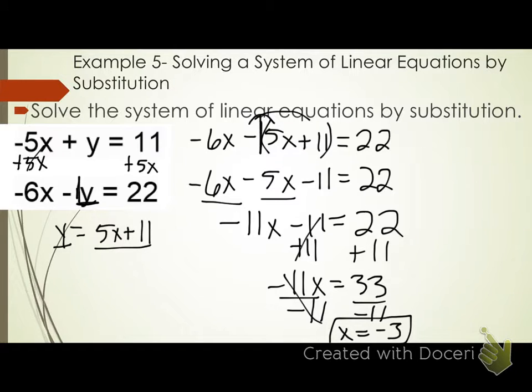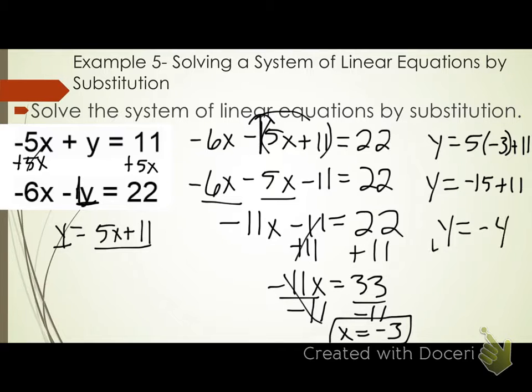Do we want to plug into equation 1, 2, or 3 to get my y? Equation 3. It's already solved for y. So y equals 5 times negative 3 plus 11. 5 times negative 3 is negative 15, plus 11, negative 4.